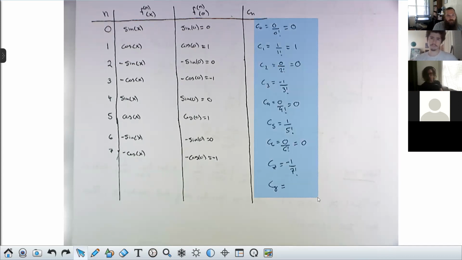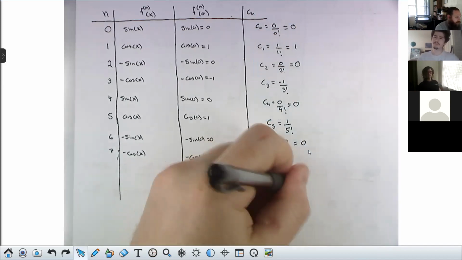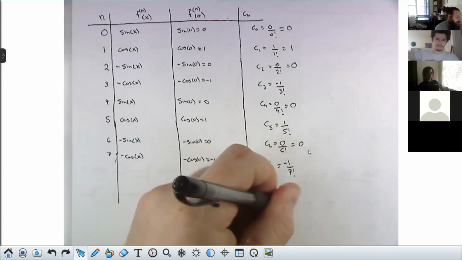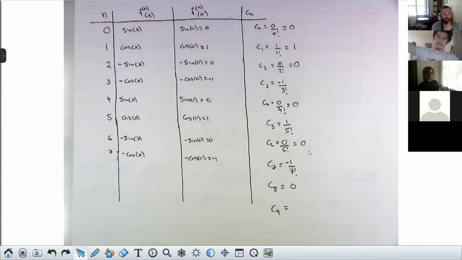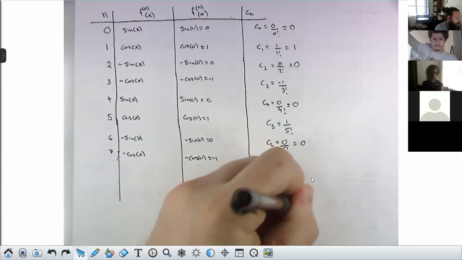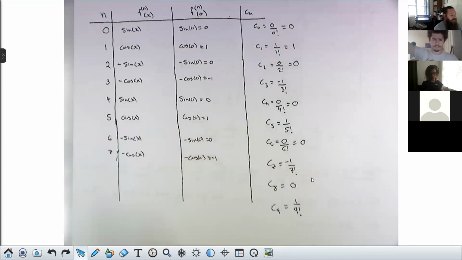Yeah, very good. 0 over 8 factorial, which is 0, right? All the even guys, C0, C2, C4, C6, this is going to be 0. What about C9? Again, look at the pattern. 1 over 1 factorial, negative 1 over 3 factorial, positive 1 over 5 factorial, negative 1 over 7 factorial. This is going to be positive 1 over 9 factorial.